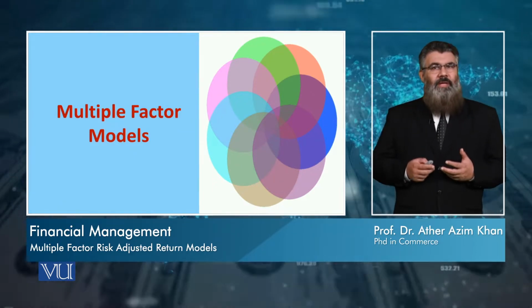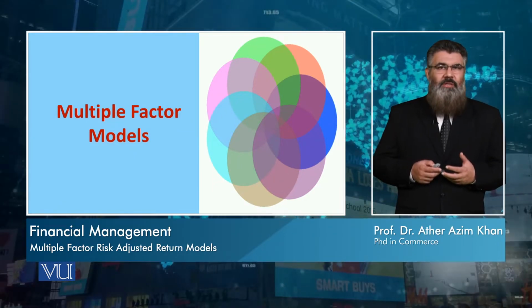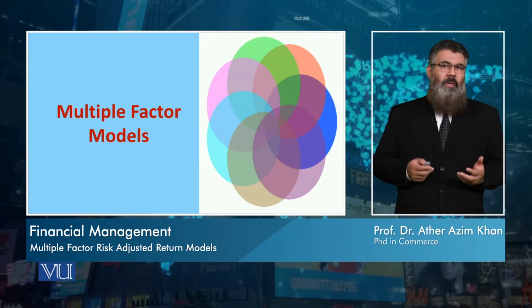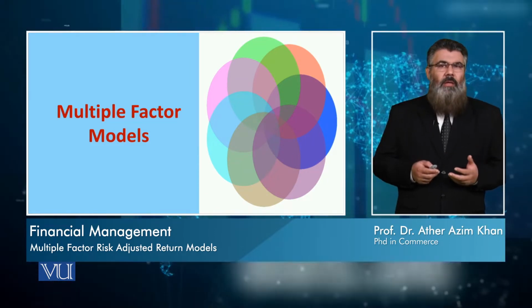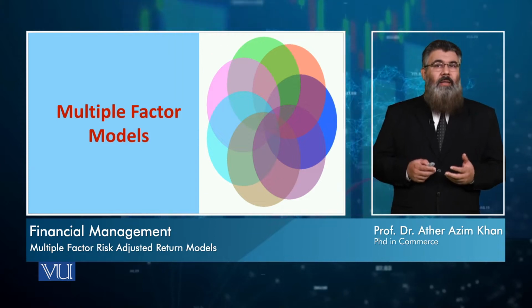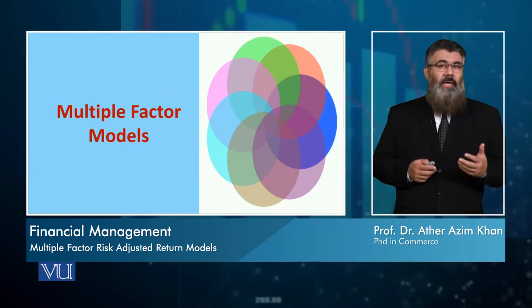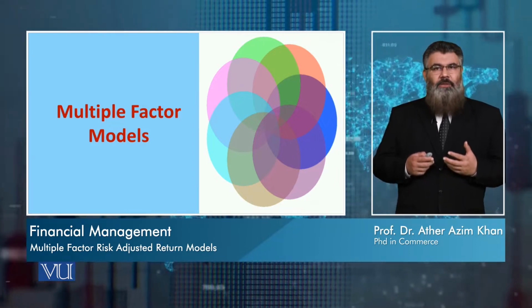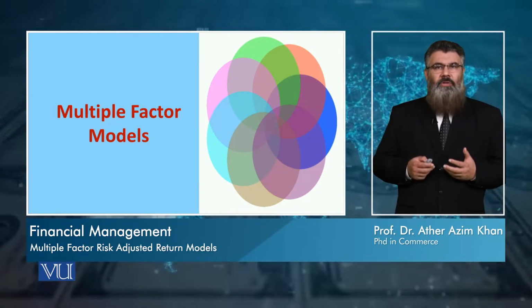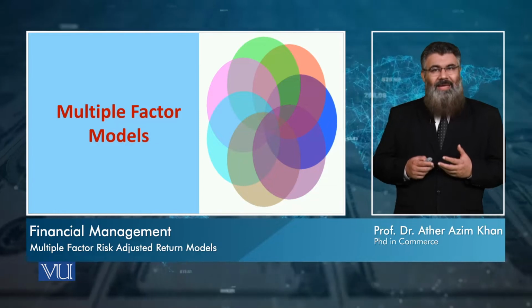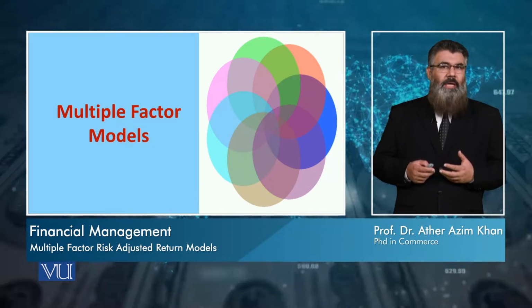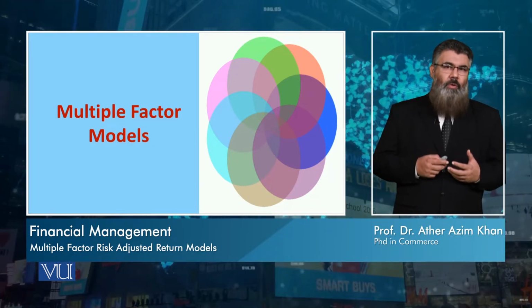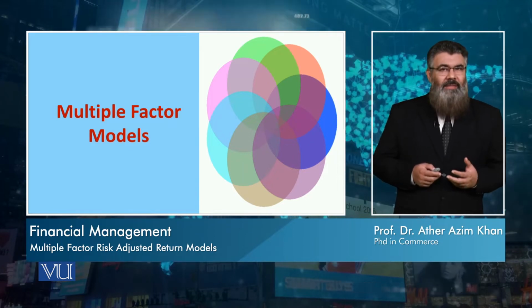Now the question is that the researchers should not stop at the four-factor model. और ऐसा ही हुआ, रिसर्चर्स वहाँ पर रुके नहीं और बहुत से दूसरे फैक्टर्स को एक्सप्लोर किया गया, बहुत से दूसरे फैक्टर्स को देखा गया कि उनके इस्तेमाल से मॉडल को क्या हम मज़ीद बेहतर कर सकते हैं.